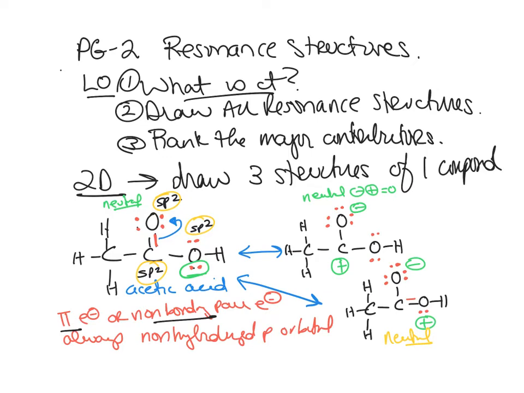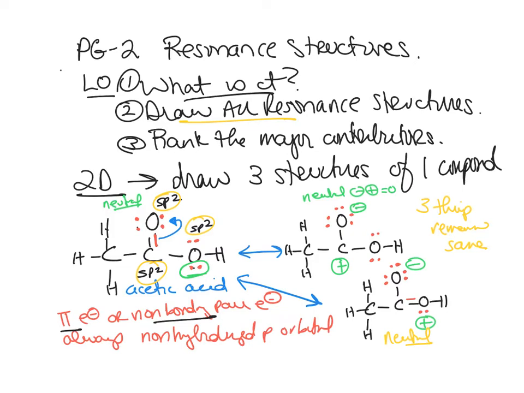So what three things have to remain the same when you're drawing resonance structures? Well, all of the atoms, hydrogen, carbon, carbon, oxygen, oxygen, hydrogen, they have to stay in the same place. Notice that none of these atoms are moving.